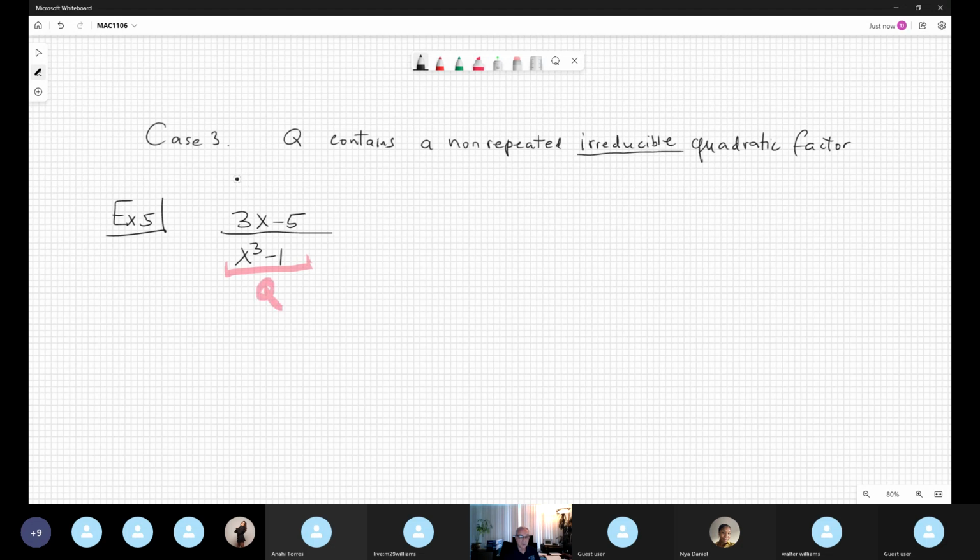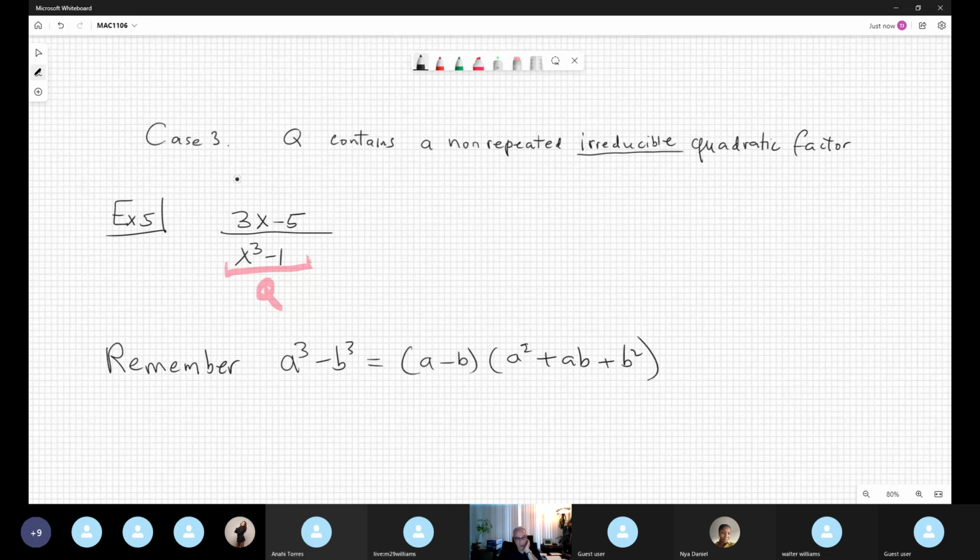You have to remember the famous formula for the difference of cubes: a minus b times (a squared plus ab plus b squared). I suppose you remember, or not?